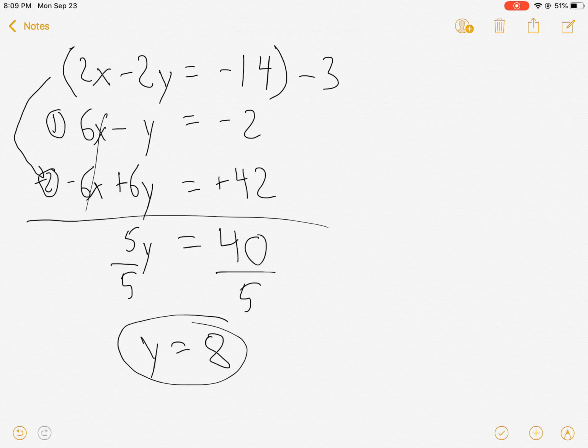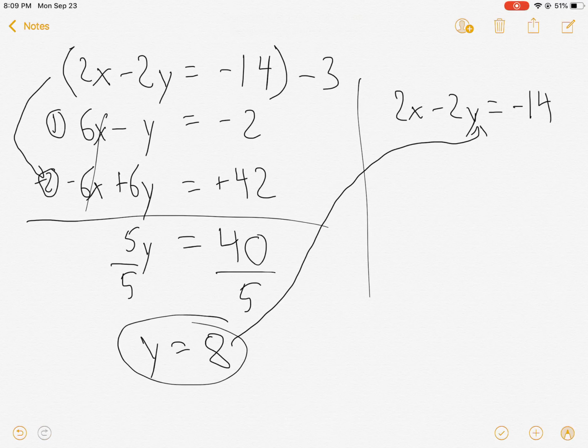Let's use the very first equation that we started with: 2x minus 2y equals negative 14. Let's take this 8 and plug it in for y. 2x minus 2 times 8 equals negative 14. Negative 2 times 8 is negative 16.